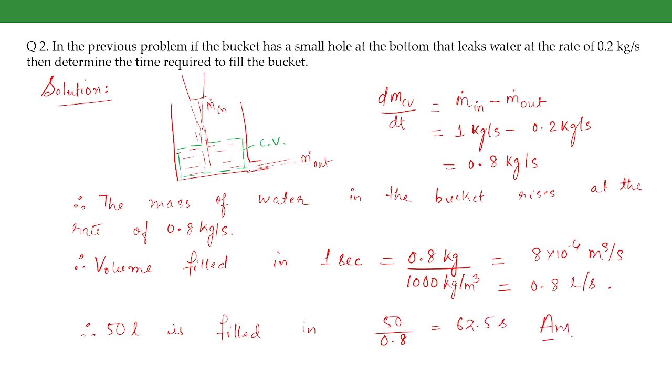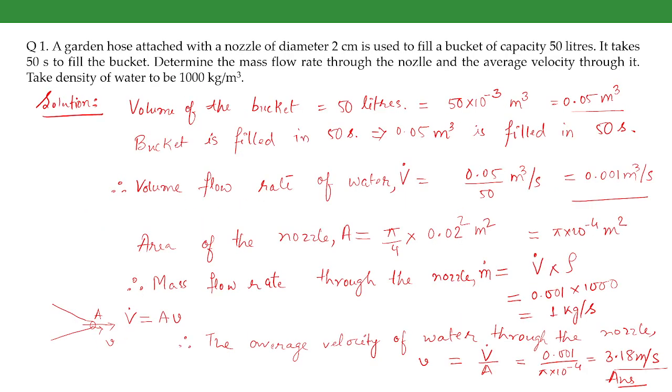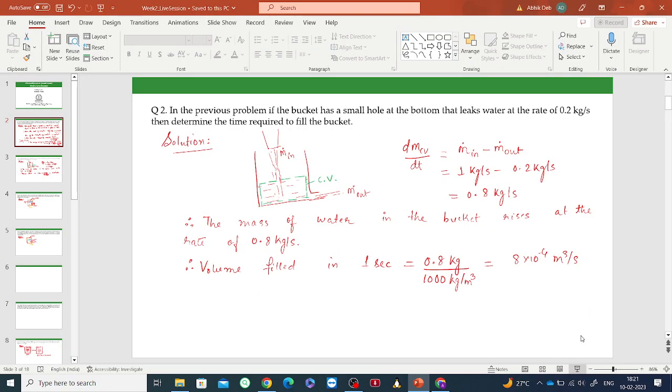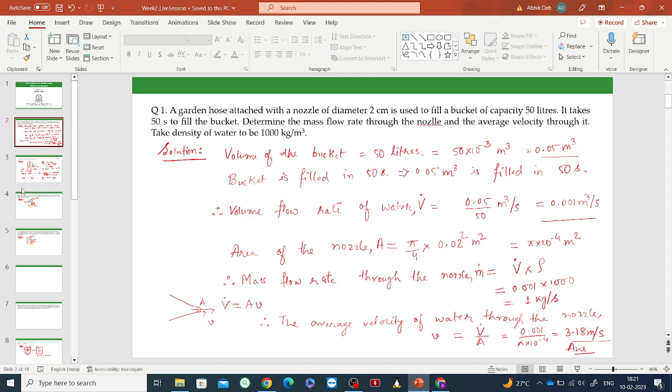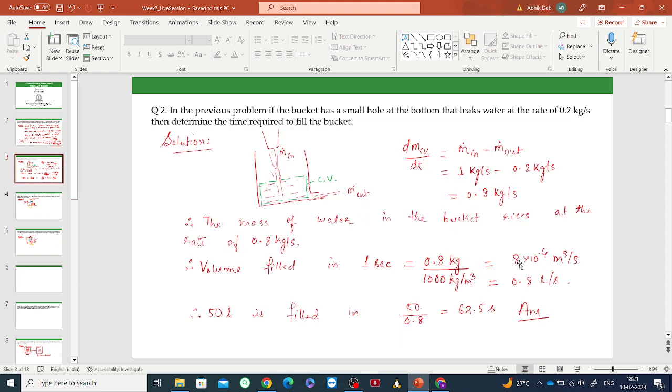So you can see that because of the leak, the time required to fill the bucket has increased from 50 seconds to 62.5 seconds. The 0.2 kg per second that is going out accounts for the loss in mass, which finally increases the time required for filling the bucket.